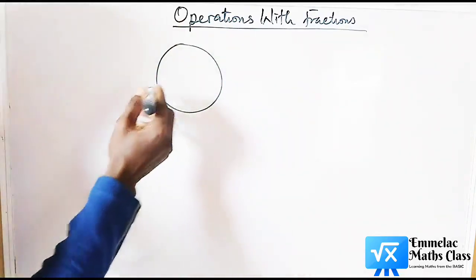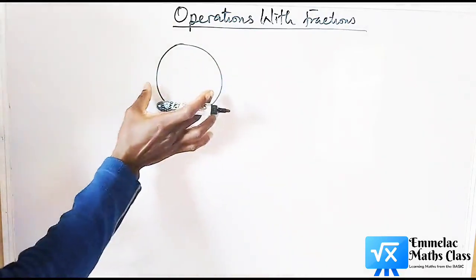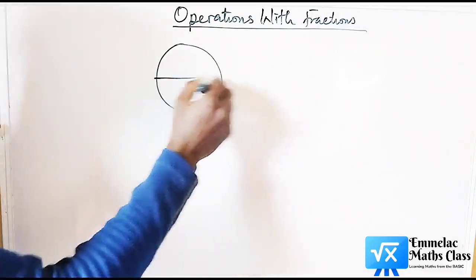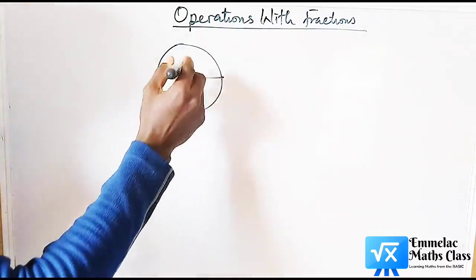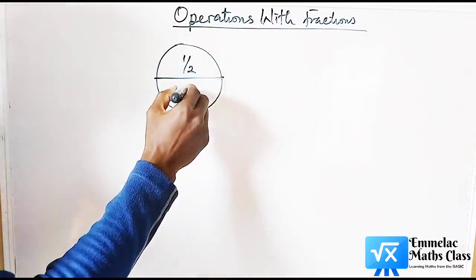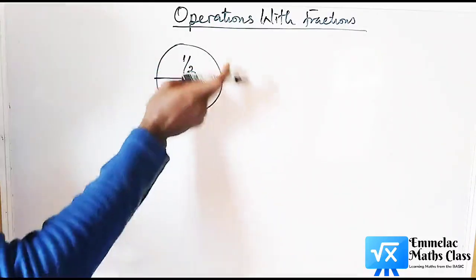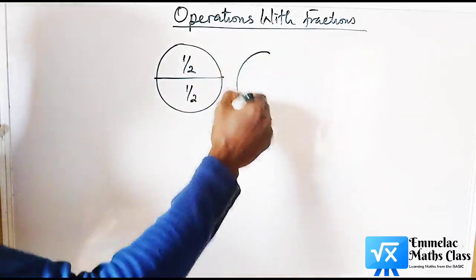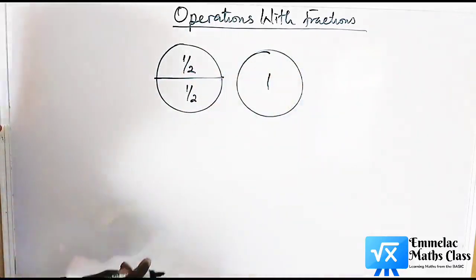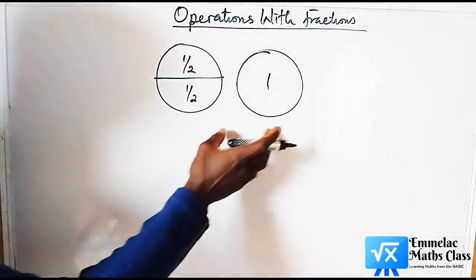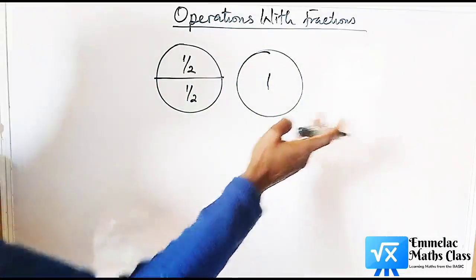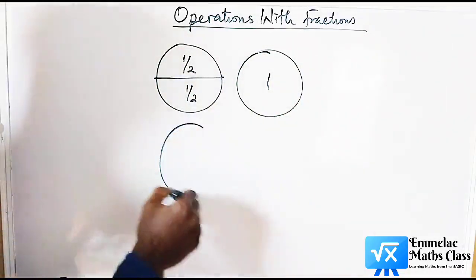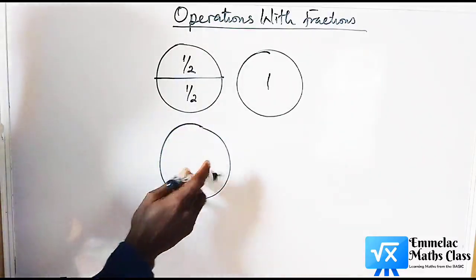If we are to have a fraction from this and we cut it, automatically this becomes 1 over 2, 1 over 2. Take note, generally this is 1.